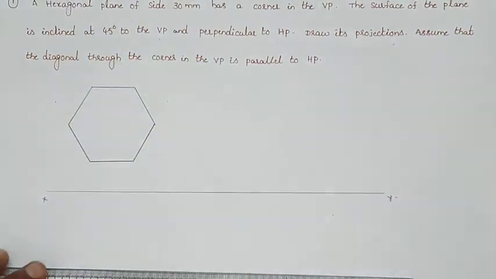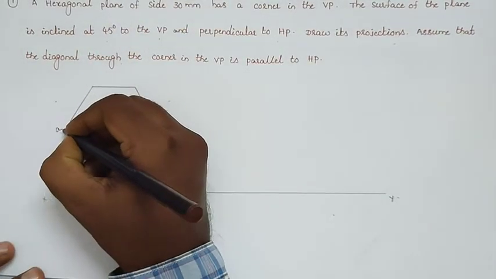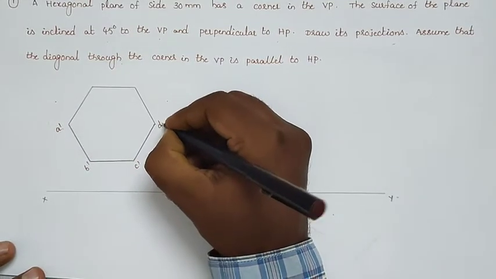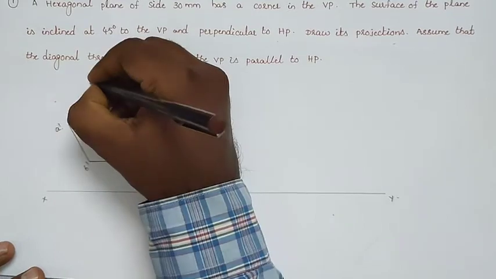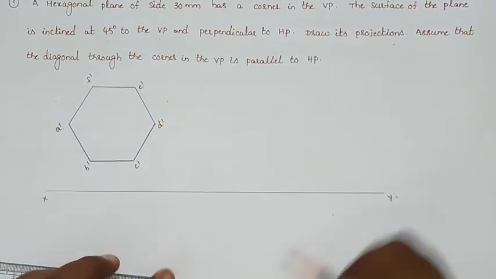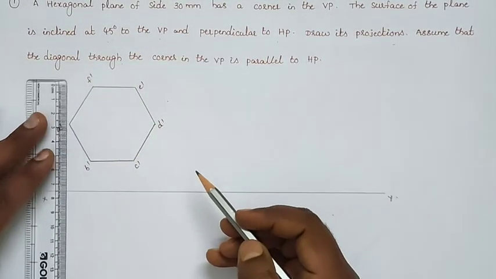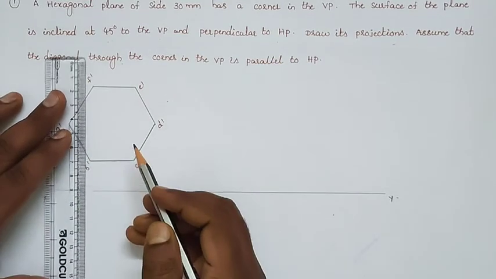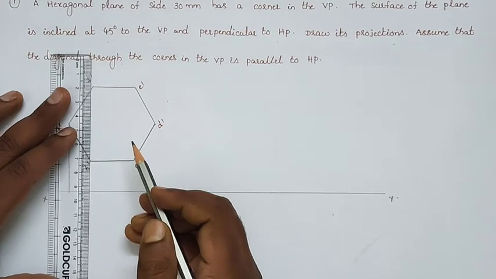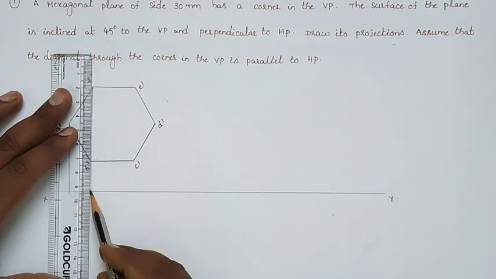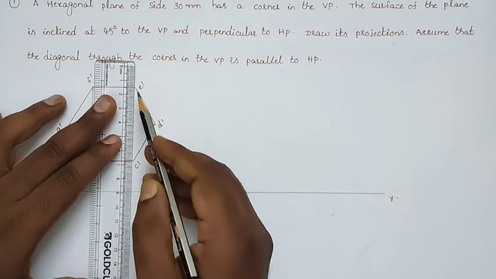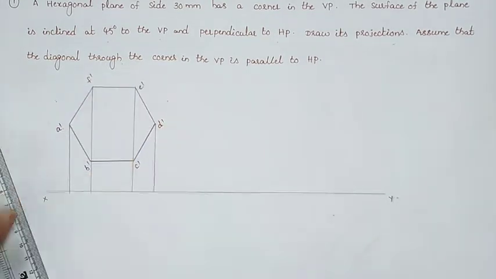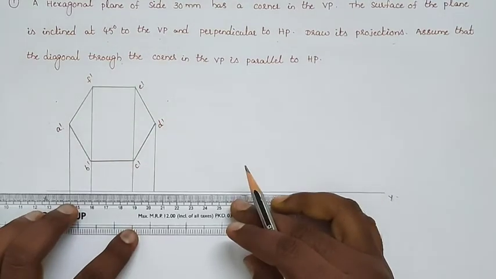For the first front view, give the names A dash, B dash, and from the left-hand side the notations E dash and F dash. After drawing the first front view, since the corner is in the VP, draw projections from the first front view up to the reference line and draw the first top view on the reference line.